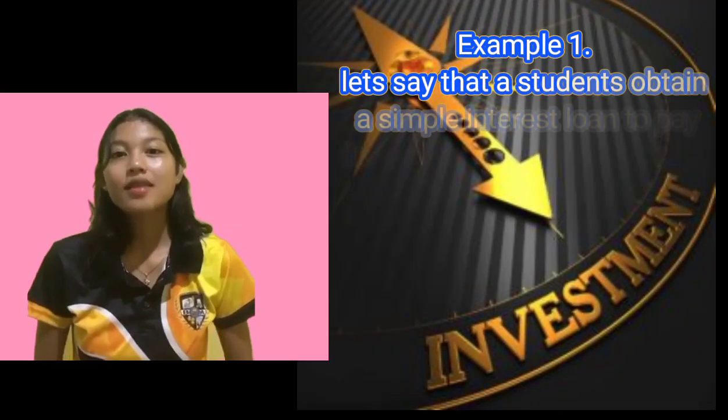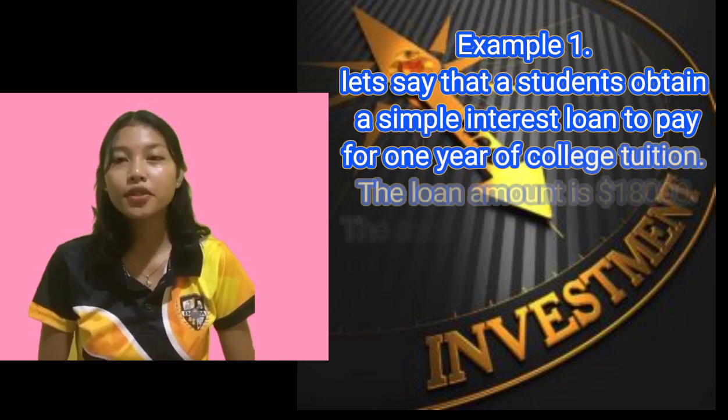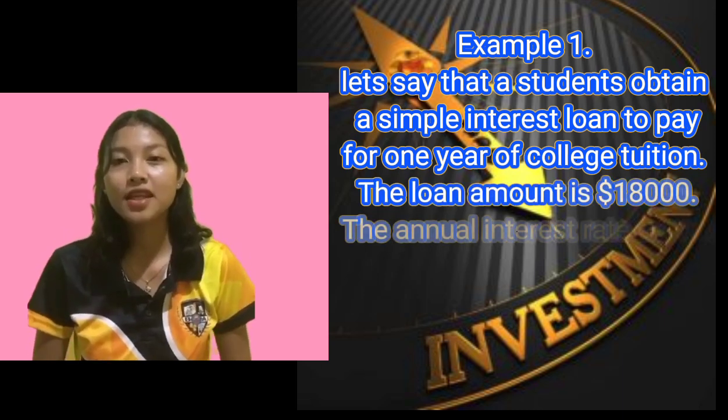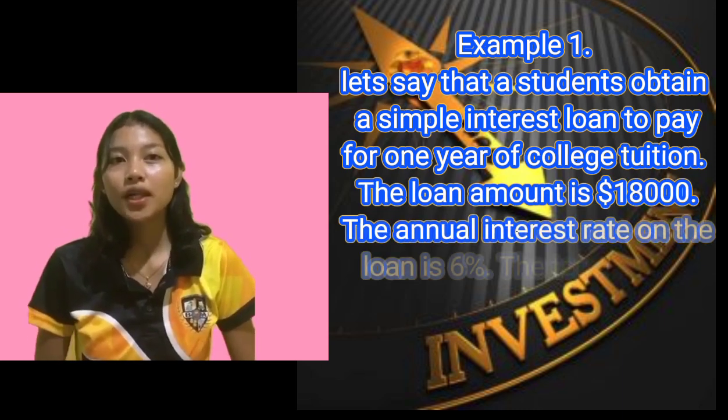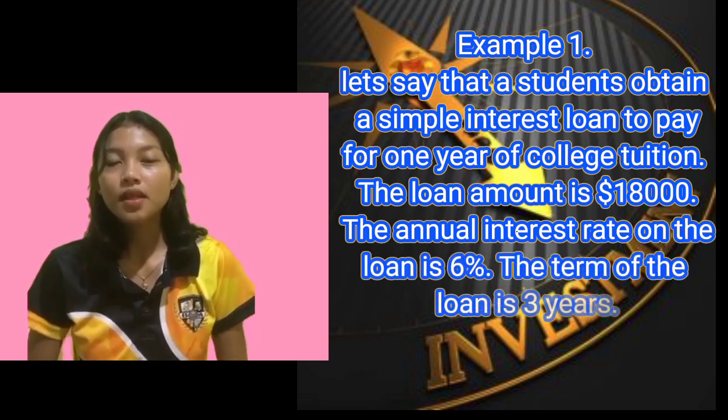For example, let's say a student obtains a simple interest loan to pay for 1 year of tuition. The loan amount is $18,000. The annual interest rate on the loan is 6%. The term of the loan is 3 years.